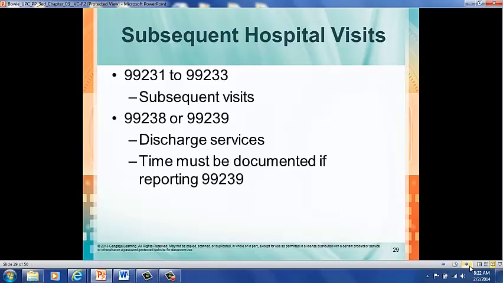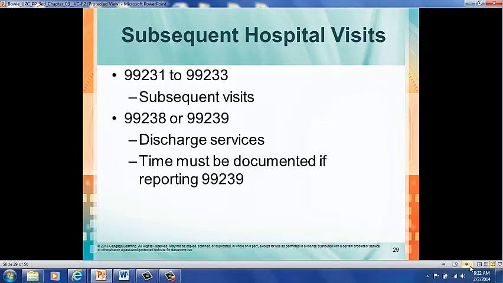Subsequent hospital visits are billed with codes from the 99231 through 99233 code range. Hospital discharge codes 99238 through 99239 indicate that a patient has been discharged from the hospital.